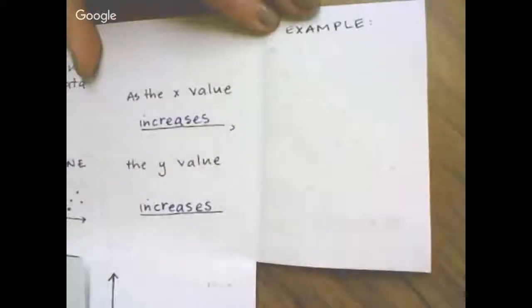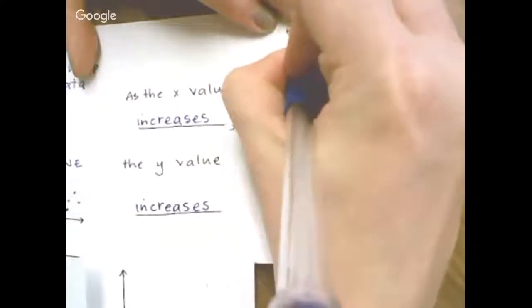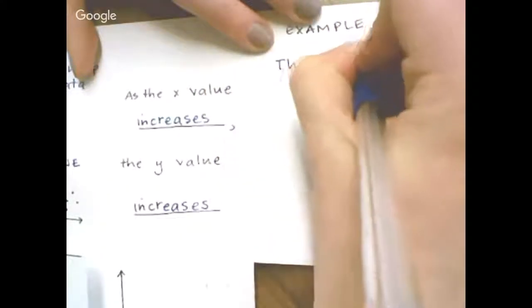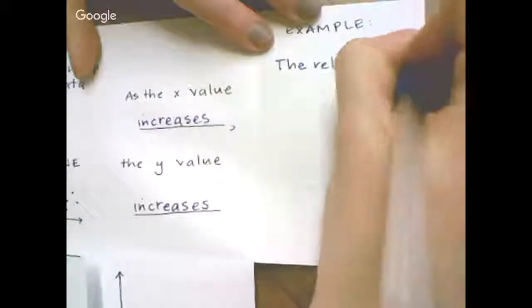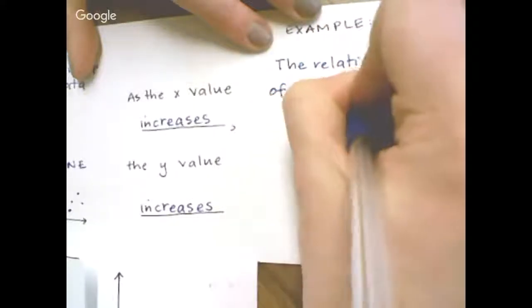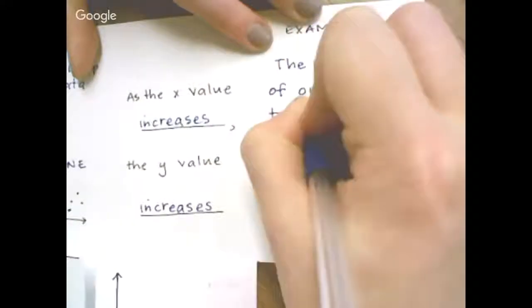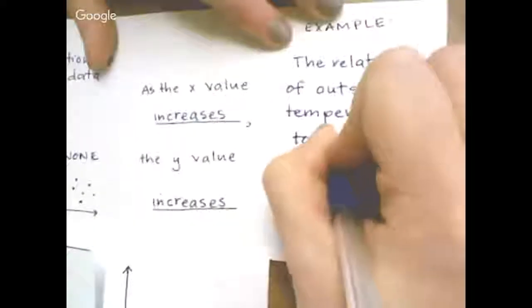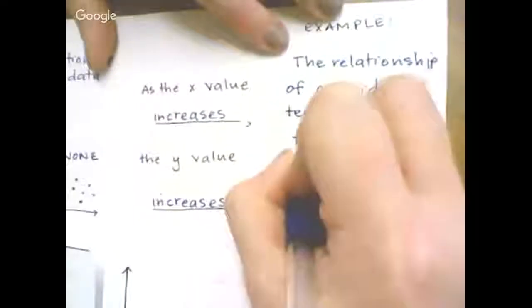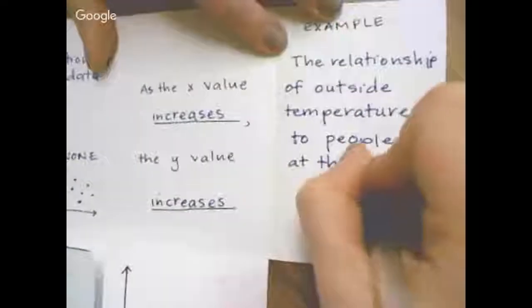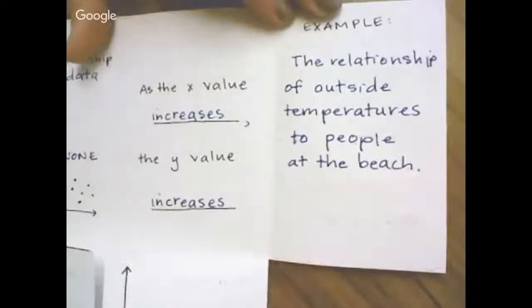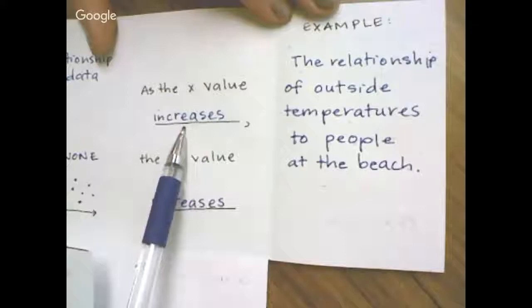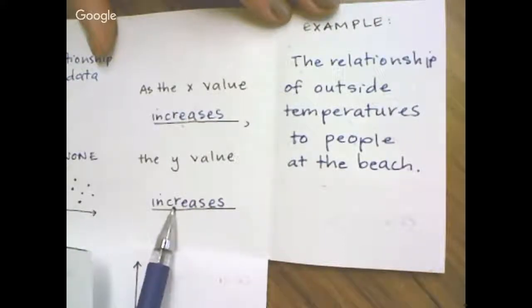So an example we could have would be the relationship of outside temperatures to people at the beach. That's what we looked at in class. So it's most likely that the hotter the temperatures get, the more people will be at the beach. So both are increasing.